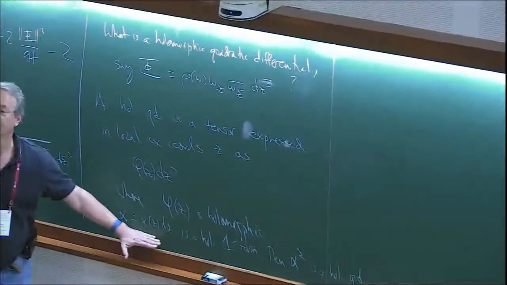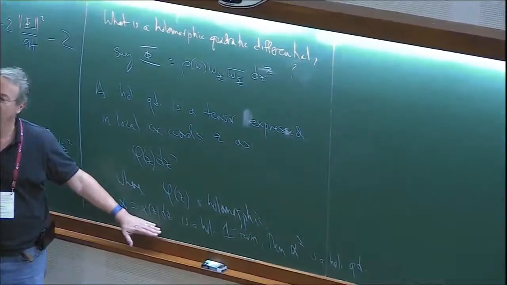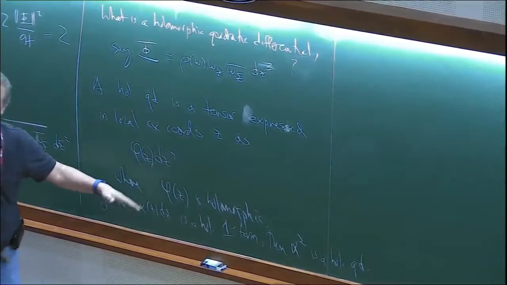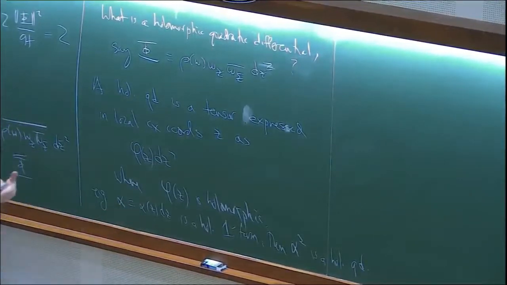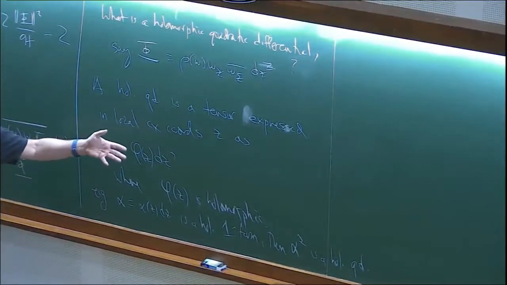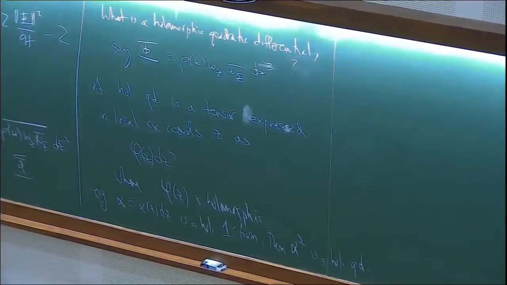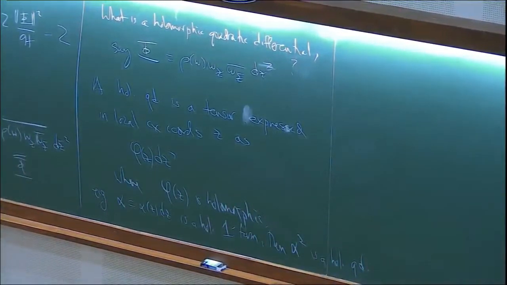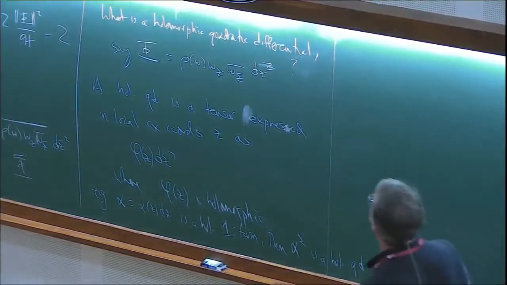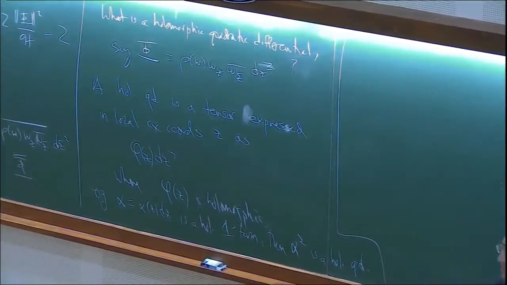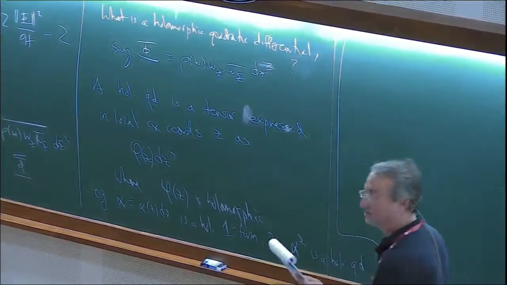So if you feel comfortable with this, then you have no excuse but to feel comfortable with that locally. And then there are various statements one can say using Riemann-Roch, for example, computing the dimension of the vector space of these things and that sort of thing. I don't want to go into that classical Riemann surface theory or dimension one algebraic geometry.